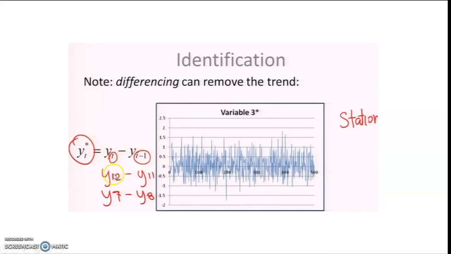Say for example t is equal to 12, then it is y12 minus y11, and similarly y7 minus y6. And then when we take the difference of this series and we graph it, then it becomes stationary. So differencing can be used to remove trend, and it may become stationary.